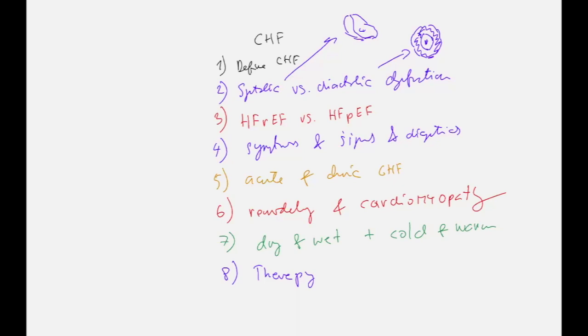And the same applies with restriction. In this case, again, it's diastolic dysfunction. This muscle is not thicker. It could be a bit thicker, but it could be normal. It's not having a problem with the thickness of the wall, but it's not able to relax.